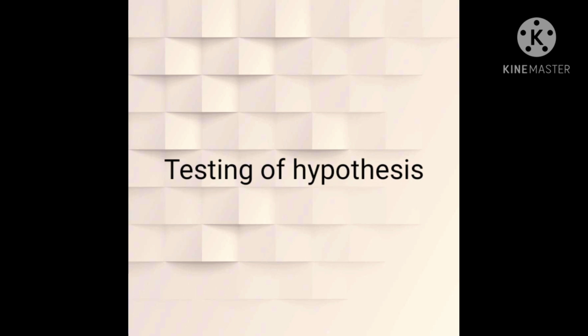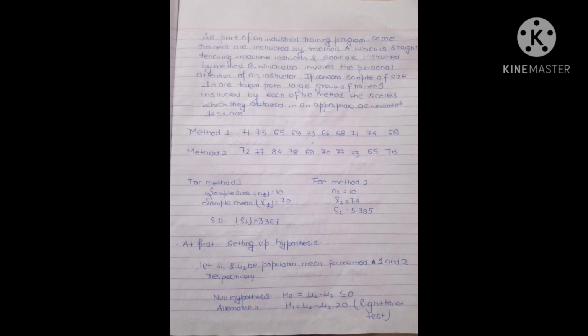Now I am going to solve a problem from testing of hypothesis. As part of an industrial training program, some trainers are instructed by method A, which is straight teaching machine instruction, and some are instructed by method B, which also involves the personal attention of an instructor.